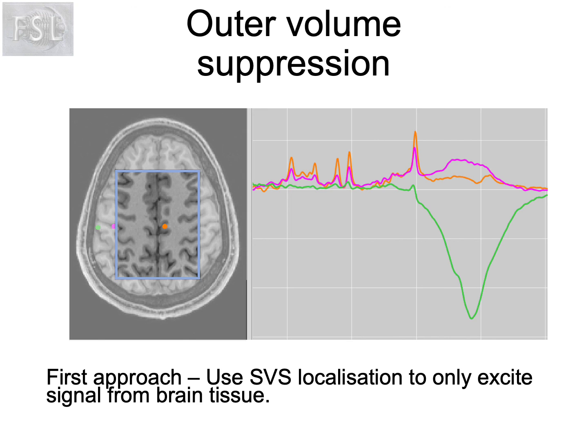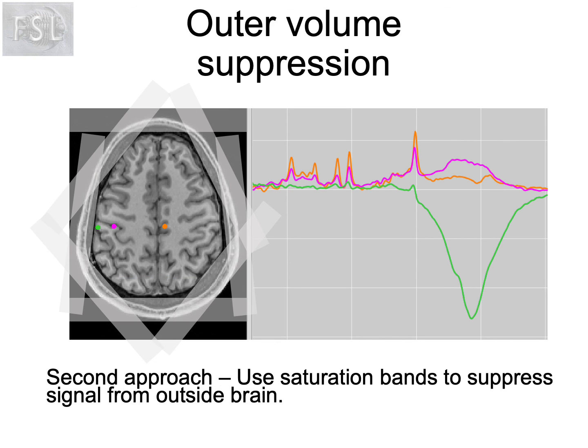There are 2 ways of tackling this in a sequence. The first is to use the SVS localization technique to only collect signal from a region free of lipids. However, this restricts collection of cortical spectra close to the edge of the brain, which don't fit within that SVS volume. A second way is to use spatially selective saturation, usually multiple saturation bands, to suppress the signal arising from the edge of the brain. There are also data-driven post-processing techniques which can be used to remove lipids present in spectra that were already acquired.